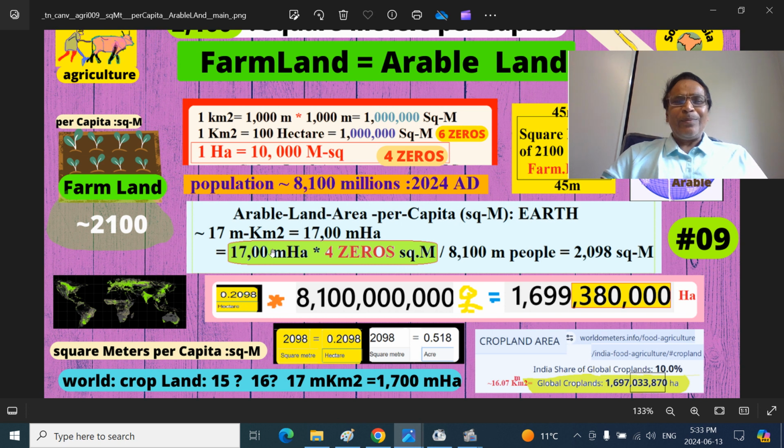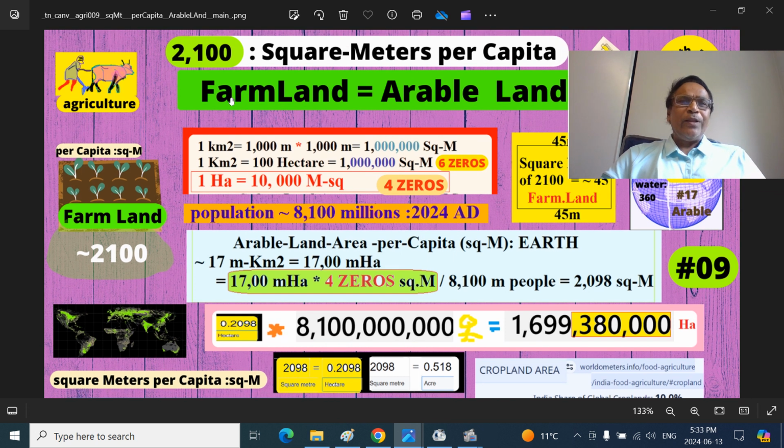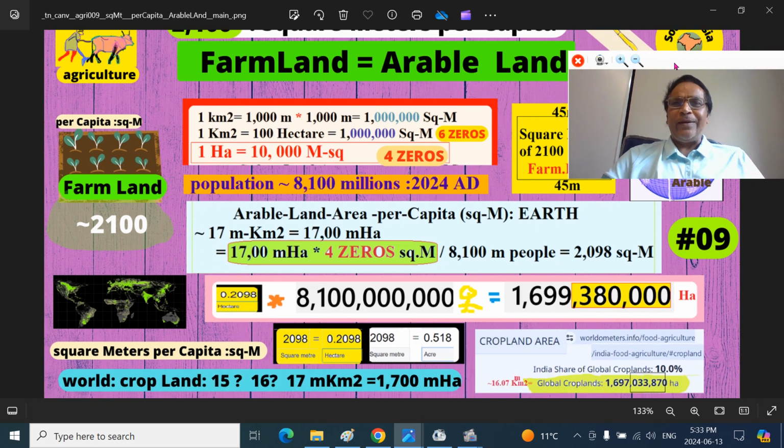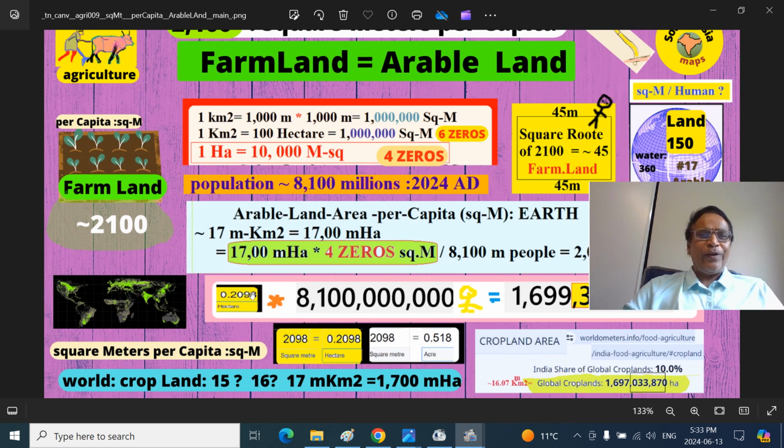That means 17,000. Instead of 8, if you make it 10, you will get 1600, because we have adjusted it. It's around 2098 square meters. I rounded up to 2100. You see this icon, per capita square meters. How much? There is around 2100 square meters per capita of farmland per head for human beings.